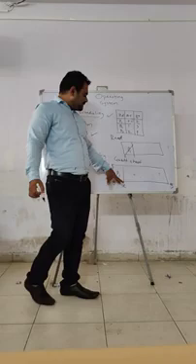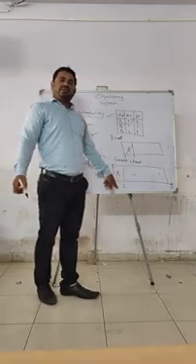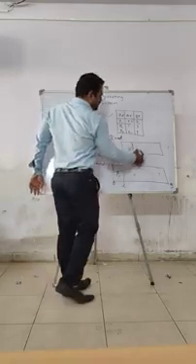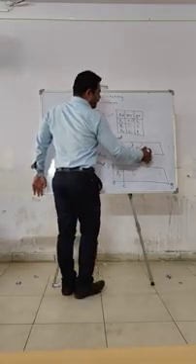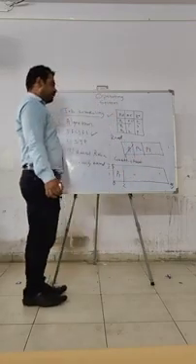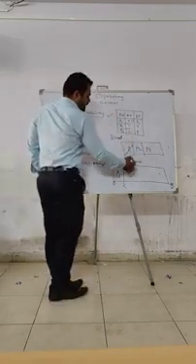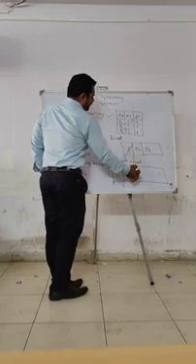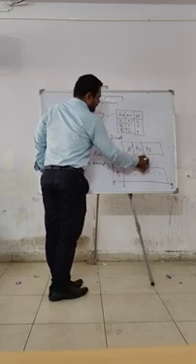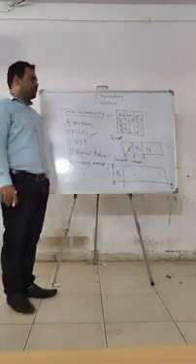In this time span of 0 to 2 millisecond, two processes, P2 and P3, come into the ready queue. Process P2 comes at 1 millisecond and process P3 comes at 2 millisecond into the ready queue.